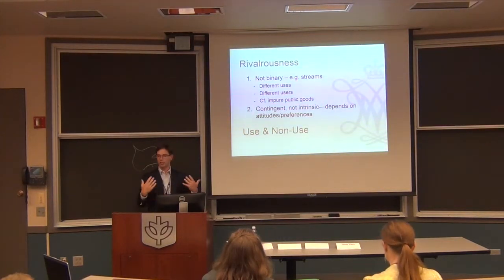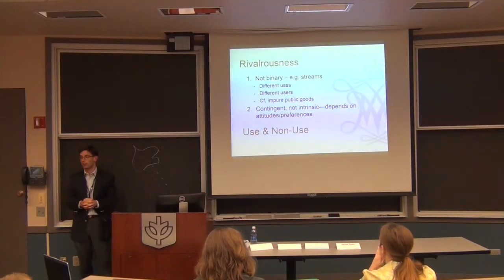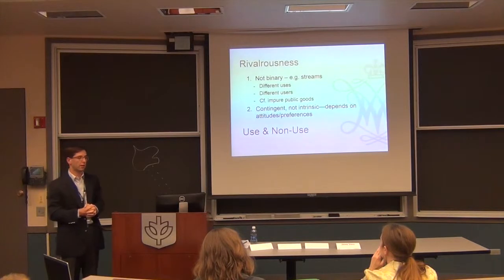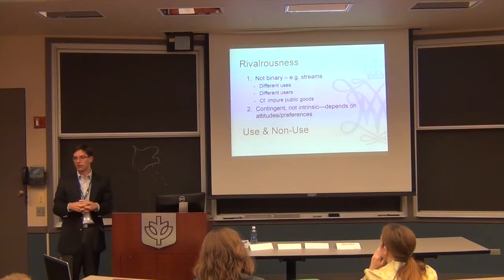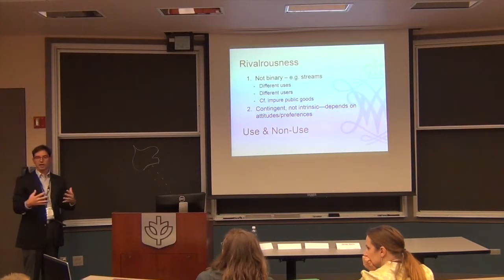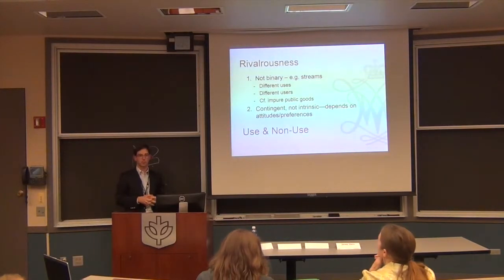The other thing is that these features are contingent. It depends upon what it is people want to do with the good. So the good has certain intrinsic features to itself, but ultimately the problem of rivalry arises when the plans that individual people have for the good are incompatible with each other.